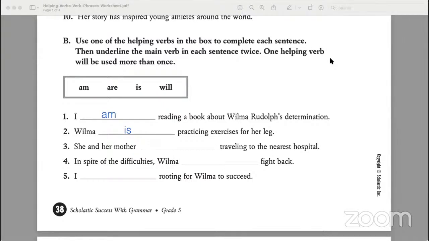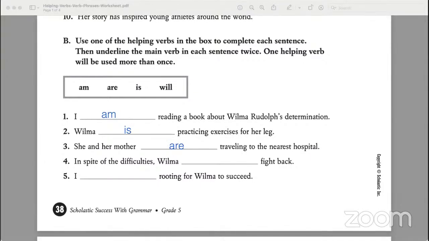So with the third one, she and her mother, something, traveling to the nearest hospital. She and her mother are traveling to the nearest hospital. Good. Well done.